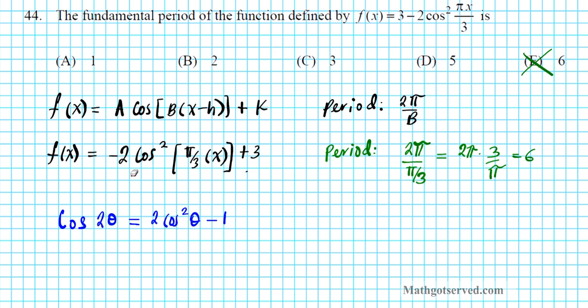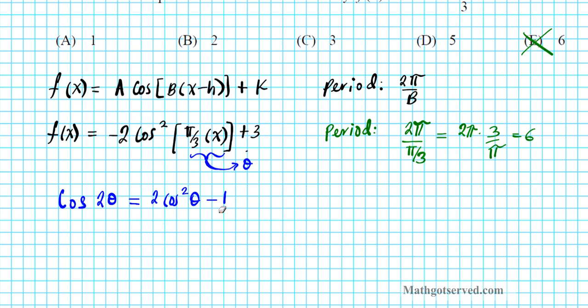Now, if you closely examine the right side of this function, we have a 2 cosine square and an angular argument. Think about this as being theta. Now, if we can isolate 2 cosine squared theta, we can make a neat substitution with a function that has no square. So let's isolate 2 cosine squared theta.